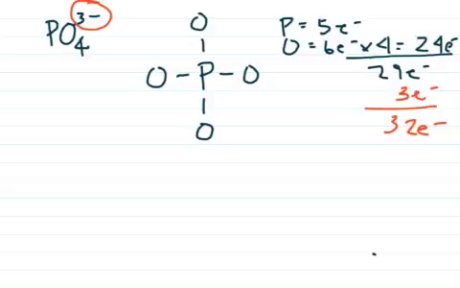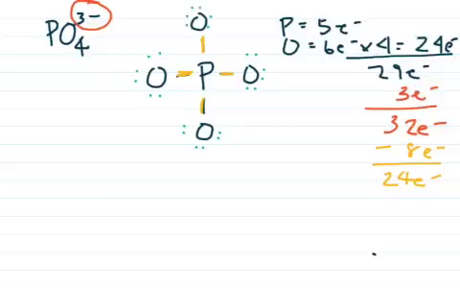Now let's draw what we know. So right now we have 4 single bonds. So we're going to take out 8 electrons, giving us 24 electrons, or 12 electron pairs, or lone pairs. So let's draw in our lone pairs. We have 3, 4, 5, 6, 7, 8, 9, 10, 11, 12. 12 lone pairs.